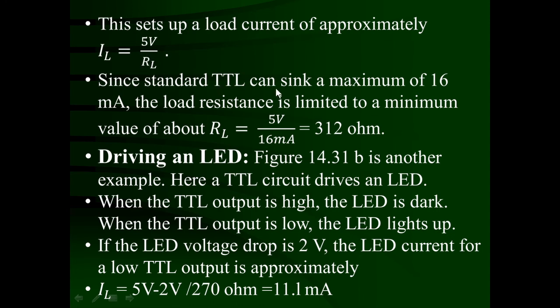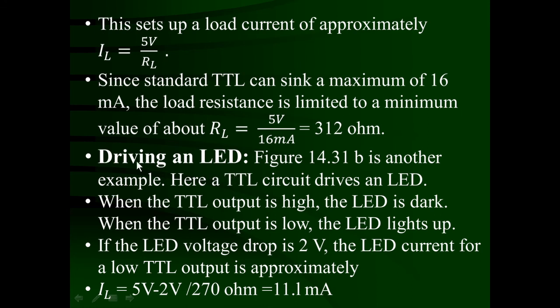Since the standard TTL can sink a maximum of 16 milliampere, the load resistance is limited to a minimum value of about RL equal to 5 volt upon the maximum sinking current possible, 16 milliampere, that is equal to 312 ohms.